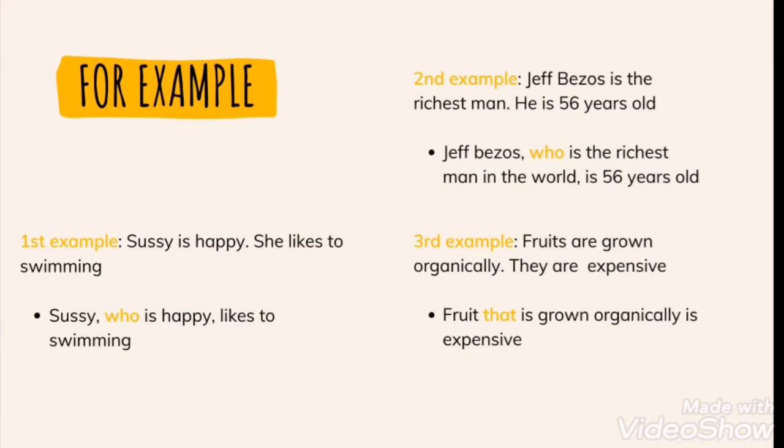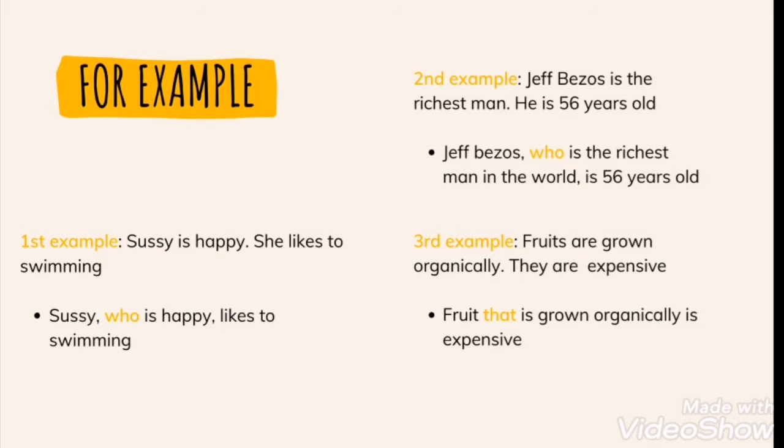Here we have three examples. In the first we have: Susie is happy and she likes swimming, and when we put them together we have: Susie, who is happy, likes swimming. In the second example we have: Jeff Bezos is the richest man and he is 56 years old, and when we put them together we have: Jeff Bezos, who is the richest man in the world, is 56 years old.